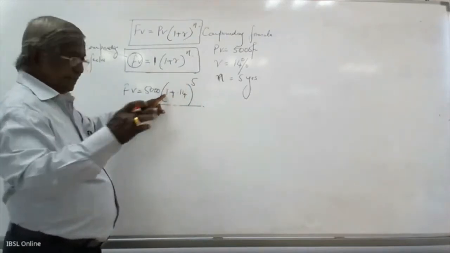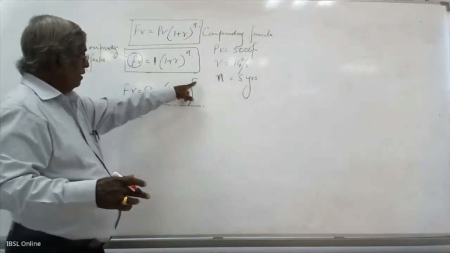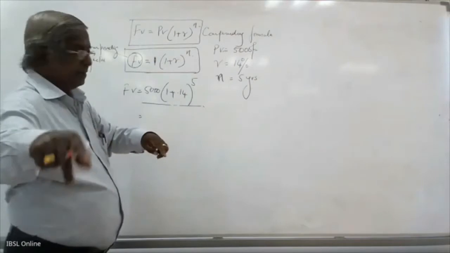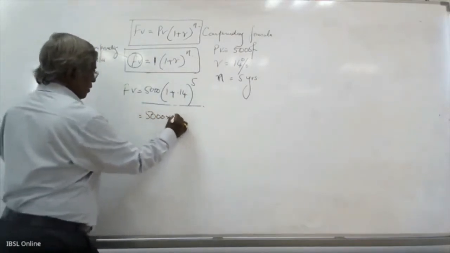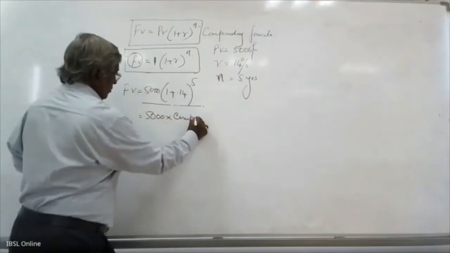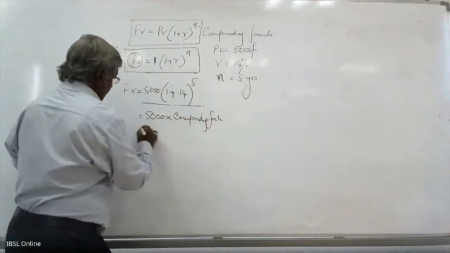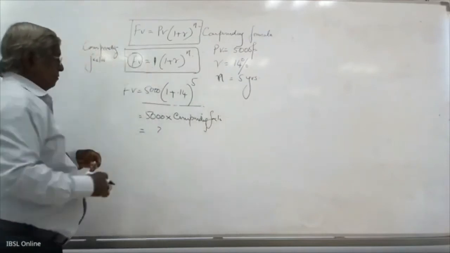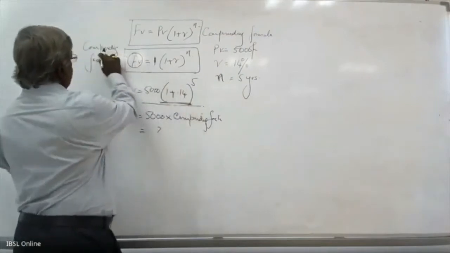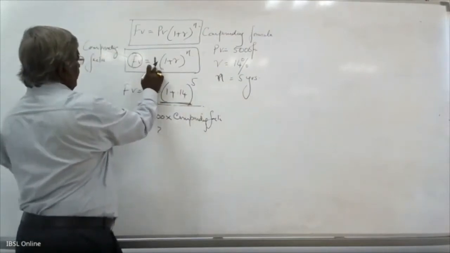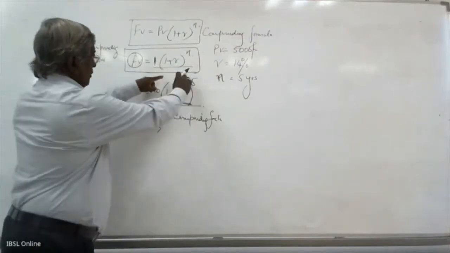Take the compounding table, look at the interest rate 14% for the period. Then 5,000 into the compounding factor, and you will get the result. I told you this is the compounding factor when PV is 1. So this portion is the compounding factor.